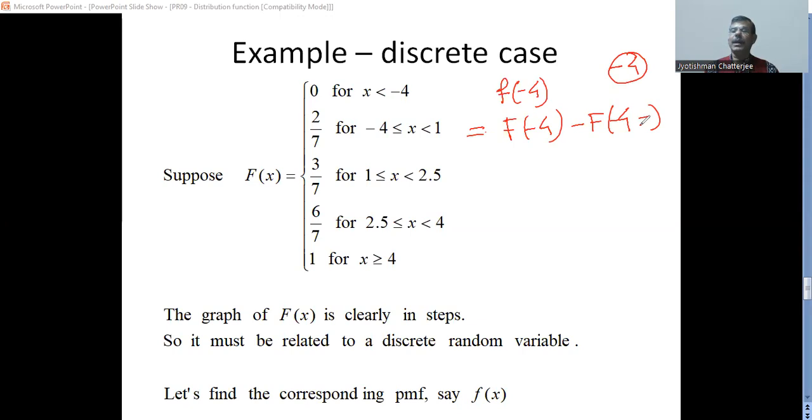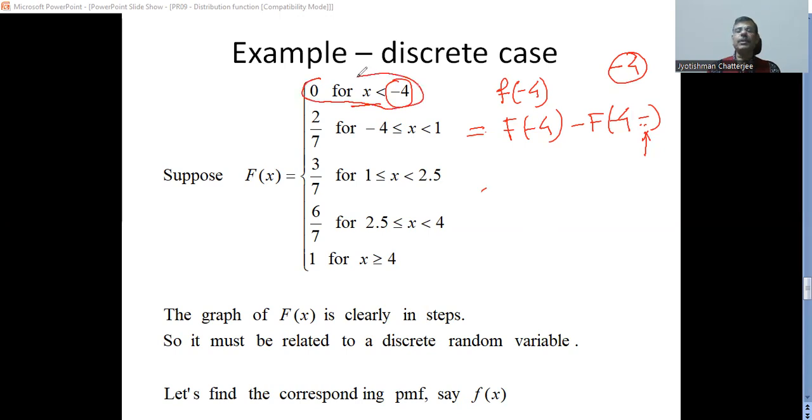Now this one represents that we are taking the left-hand side limit of -4. From the given graph, as you are approaching the point -4 from the left-hand side, you should take this formula.